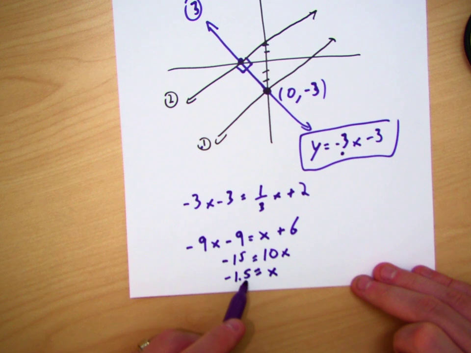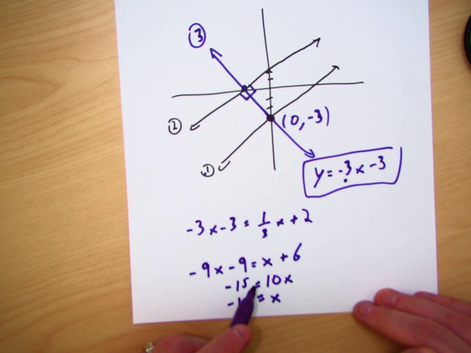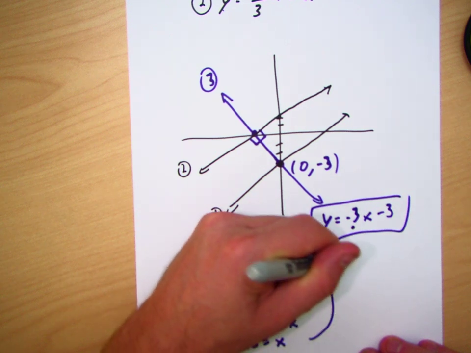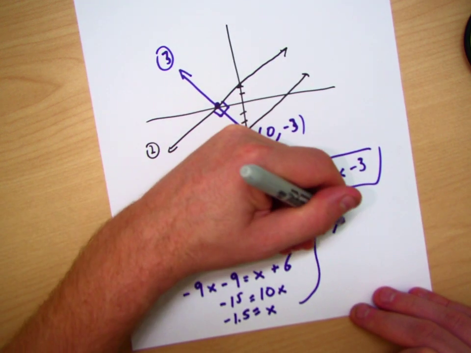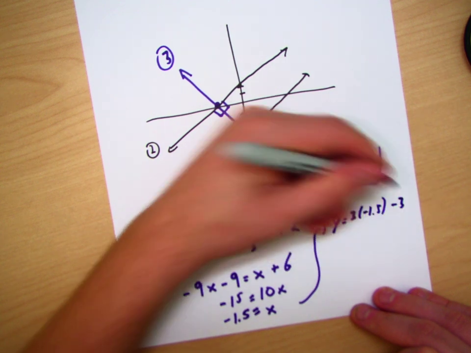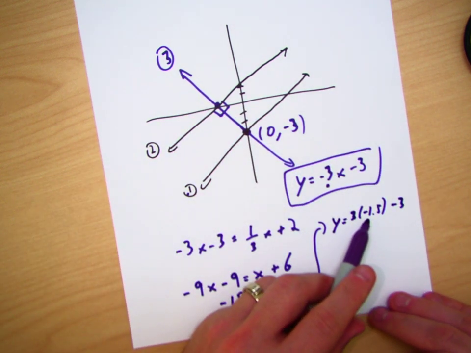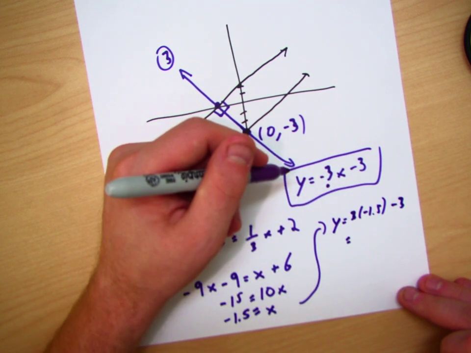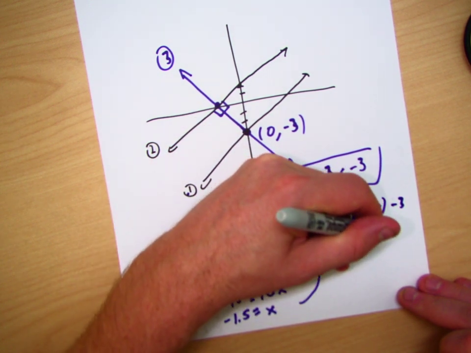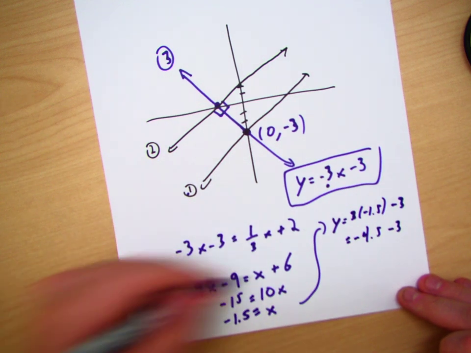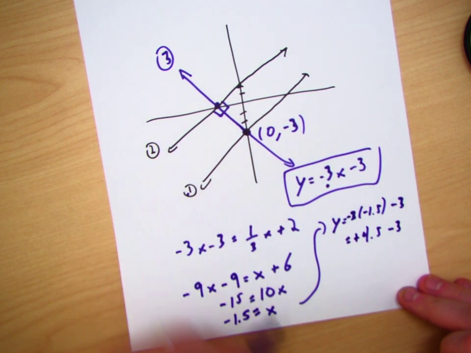Again, plugging negative 1.5 back into this equation right here, I'm going to get y is equal to negative 3 times negative 1.5 minus 3. That should give me, let's see, 3 times negative 1.5 will give me negative 4.5. Sorry, this should be a negative 3, so in fact you'll get plus 4.5.